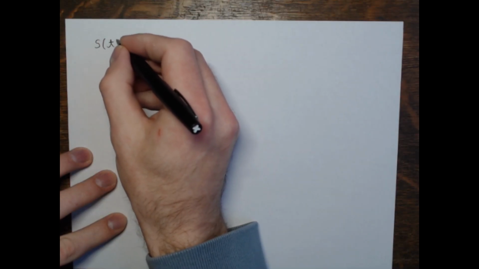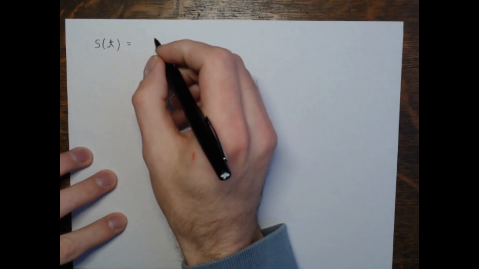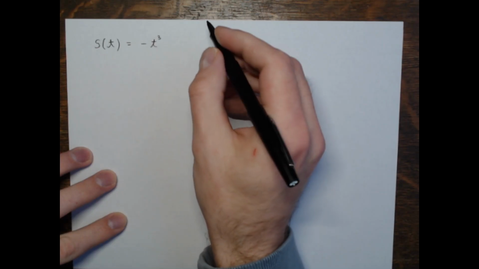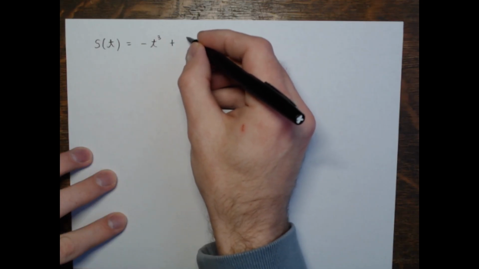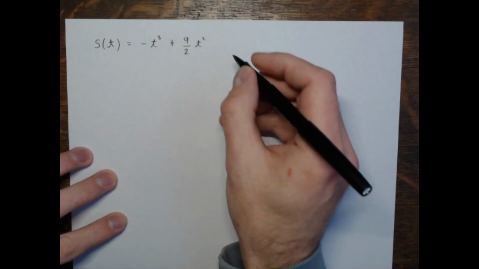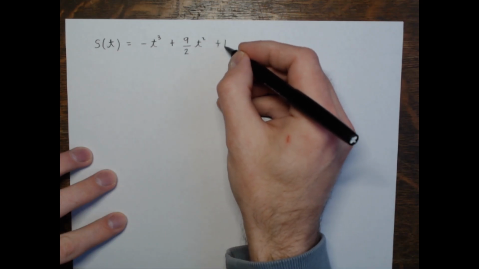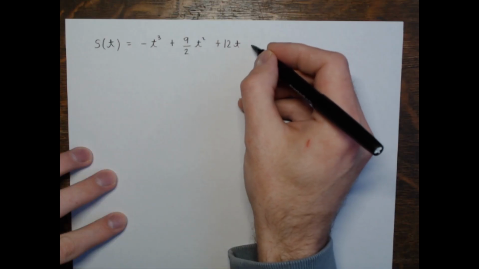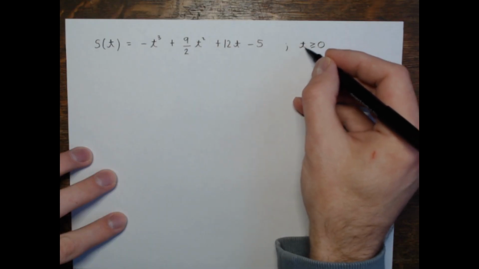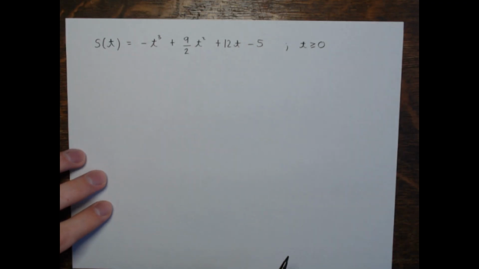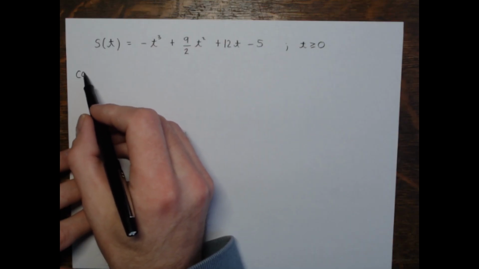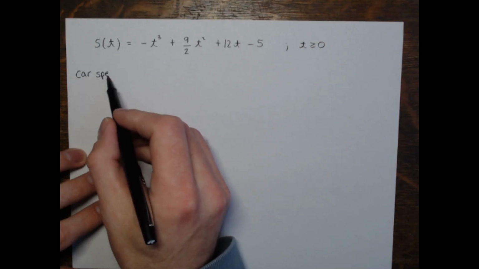Here the position of this car on this straight highway is given by negative t cubed plus 9/2 t squared plus 12t minus 5. Once again, they're only having us consider non-negative time, t is greater than or equal to 0. And then, where is the car speeding up once again?